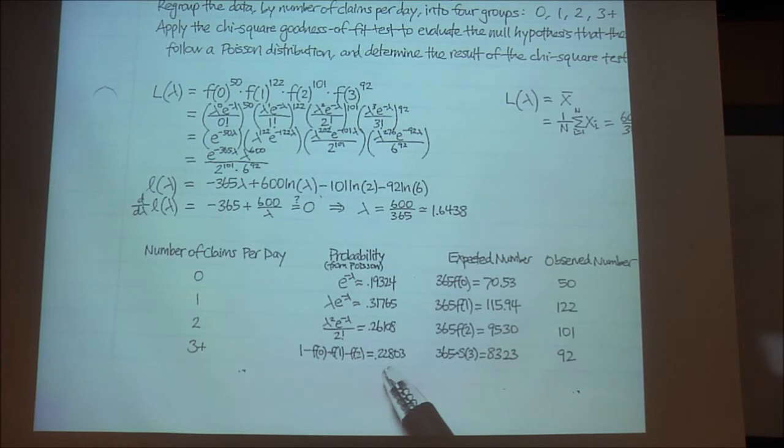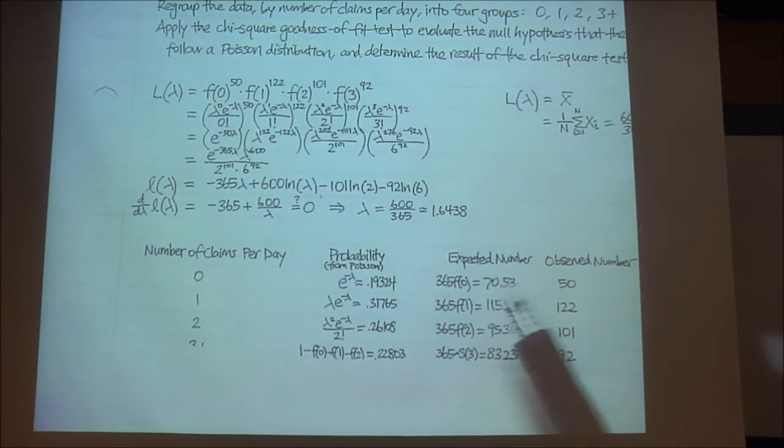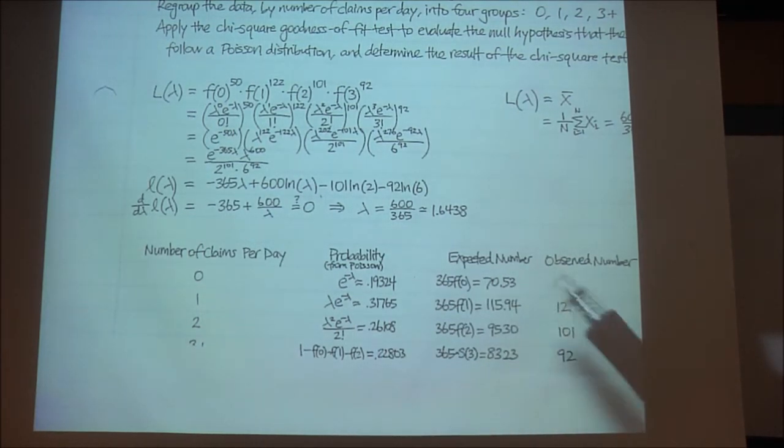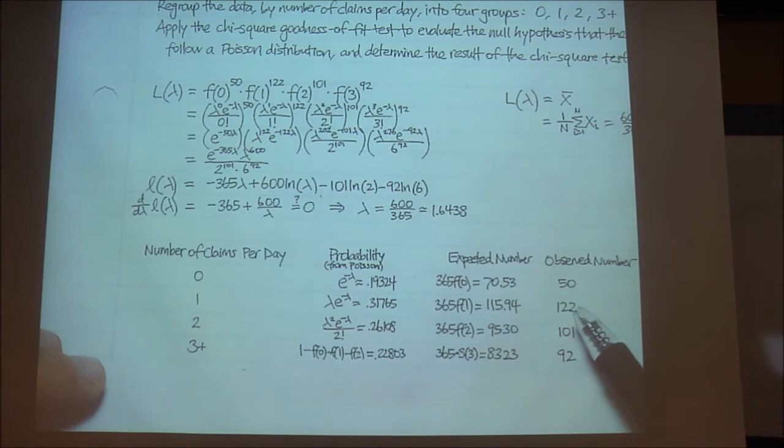And the last one is actually not f of 3 for that lambda, because you need the probabilities to add to 1. So what you actually do is just 1 minus the 3 individual probabilities that you found earlier. And you calculate the expected number of days with that number of claims, and you have your observed, and then you want to calculate your chi-squared.